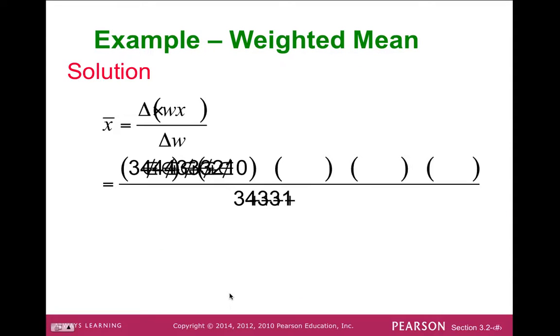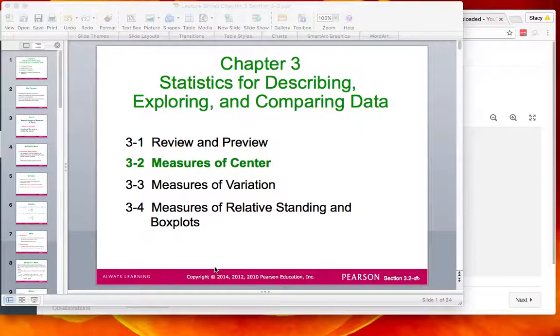And so when we actually calculate this out, we can plug all of these into the equations and find that she actually had a GPA for the semester of 3.07. So if you were ever interested in calculating your own GPA, this is how you would go about doing it. However, weighted means aren't used all that often. Grades just happen to be a good example of it.